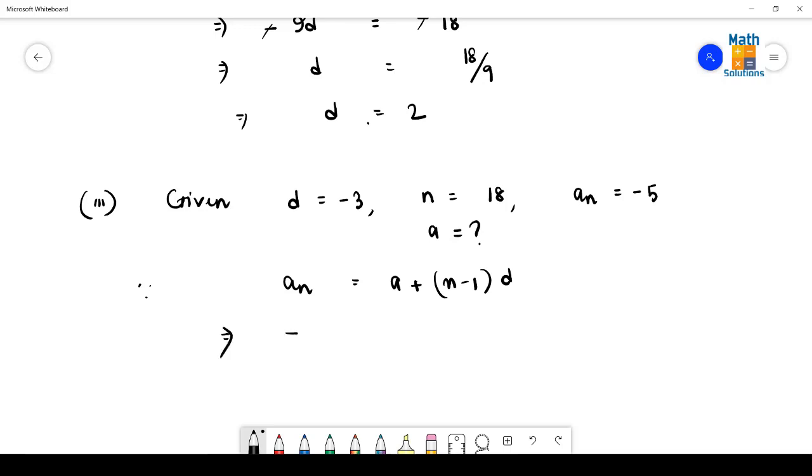So here in this case, in the respective places, we shall be putting these values. In place of a_n it is -5. Then after, in place of a, we do not have to put anything because the result is not known to us. In place of n, we shall be putting 18 minus 1 and d is -3. So let us calculate what values we shall be getting now. a plus 17 into, of course this minus will come out, so this term will be negative here.